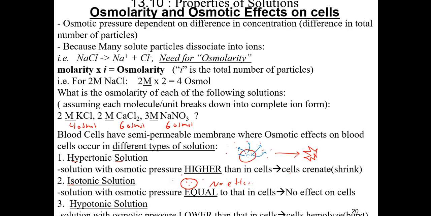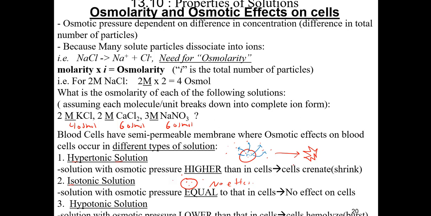So this is one of the reasons why if you're dehydrated and you're in the hospital and the nurse wants to put a saline drip into your arm so that you get fluids through your blood, they have to make sure that the solute particles such as sodium chloride are isotonic. If the solute particles are too concentrated in the solution, making it hypertonic, then it could cause your blood cells to actually shrink and then it could kill you.